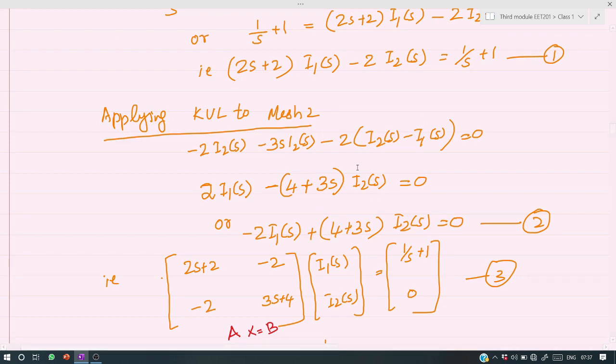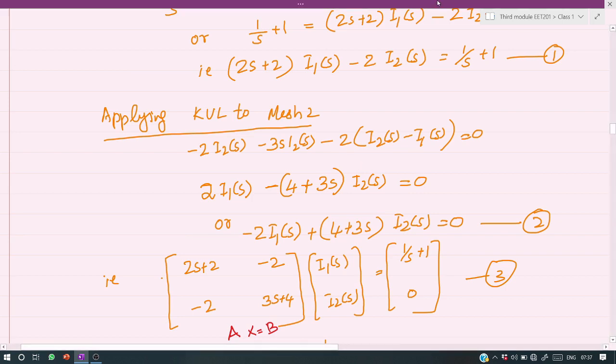Separating the coefficients of I1 of S and I2 of S, we can simplify this equation as minus 2 I1 of S plus 4 plus 3S into I2 of S is equal to 0. Let it be equation number 2.